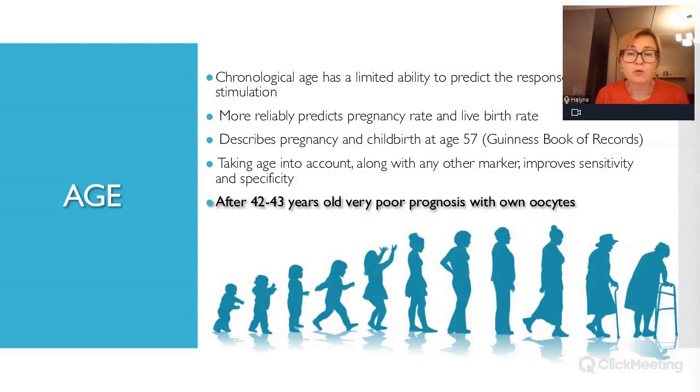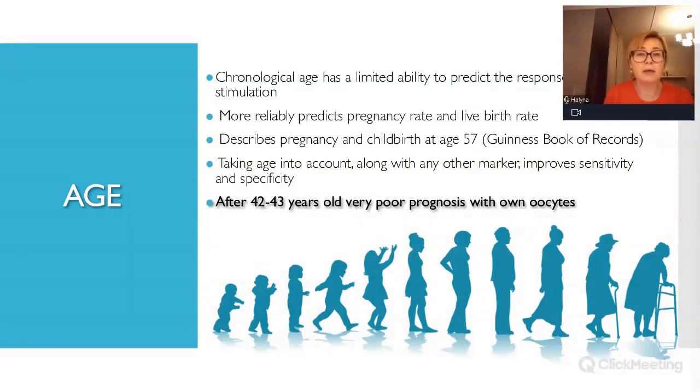But the main cause this marker was put in the first place is egg quality. The most reliable predictor of pregnancy rate and live birth rate is age and not the number of follicles.